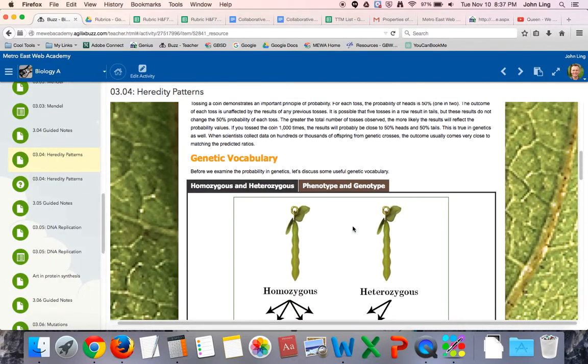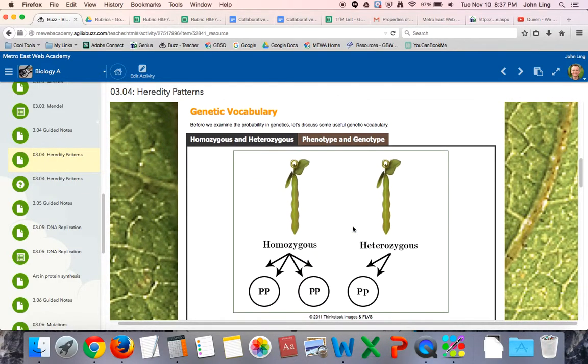Okay, so some genetic vocabulary that we need to know here. First of all, when we're talking about genetics and we look at traits, we are talking about a certain site on a chromosome called the gene, and that gene is responsible for certain traits.